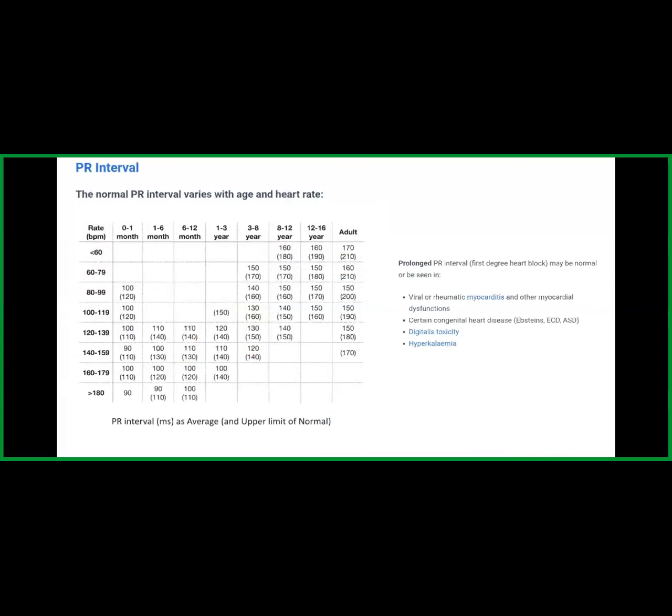When we talk about the PR interval, prolonged PR interval is noticed in first degree heart block. Again, we have age-wise PR intervals, which depend primarily on the rate of the heart. Three conditions where you should remember that PR interval abnormalities will be seen are myocarditis, hyperkalemia, and congenital heart disease.